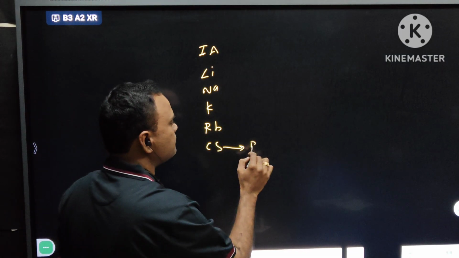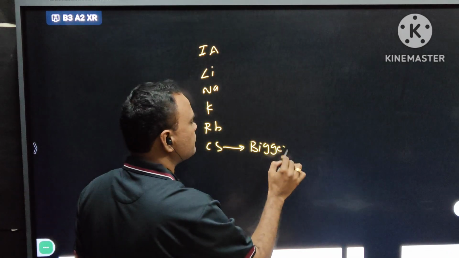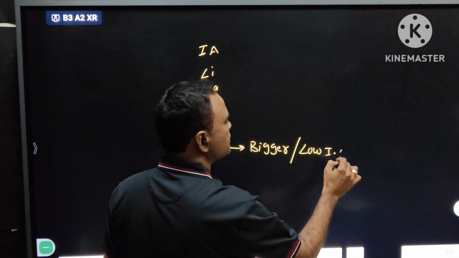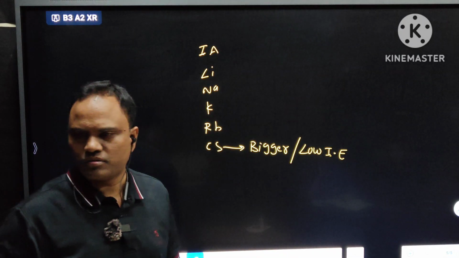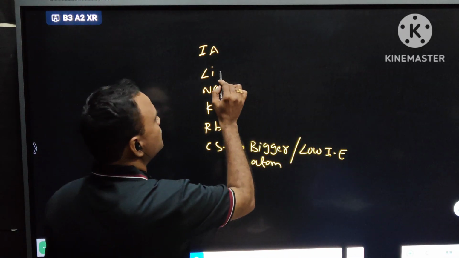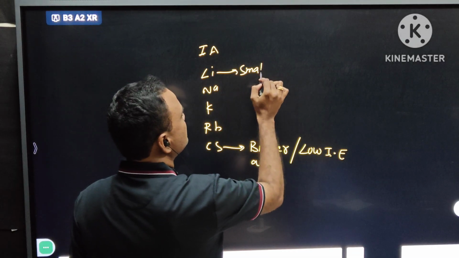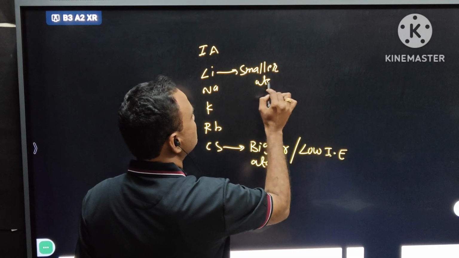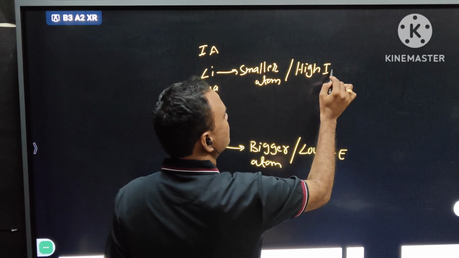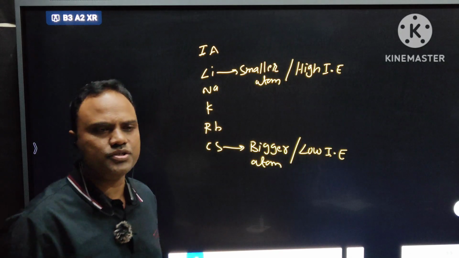This is a bigger atom, so it has low ionization energy. Bigger atom, so low ionization energy. Lithium is a smaller atom, possesses high ionization energy.